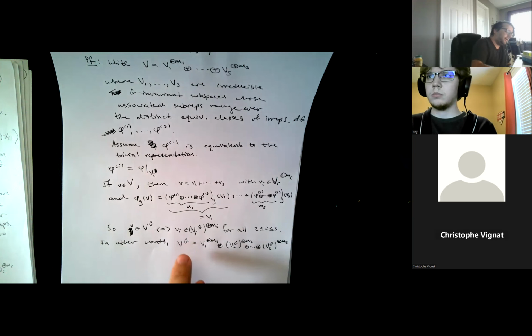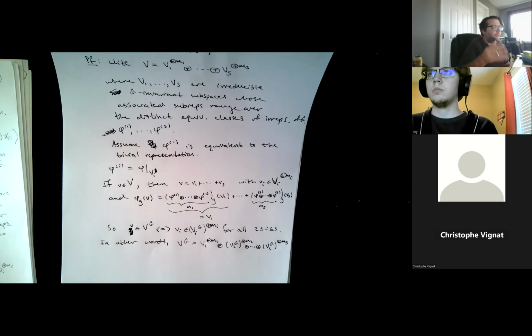So the fixed subspace of V is given by the direct sum of the fixed subspaces of Vi. The fixed subspace of V1 will just be V1.